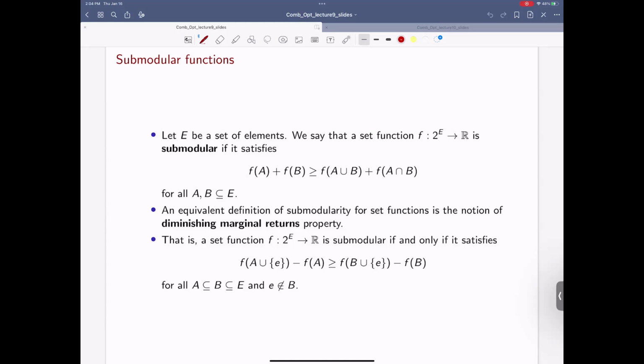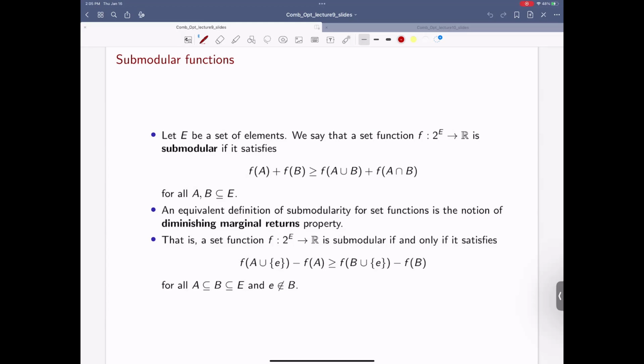Then we capture the marginal difference by adding this element to a set. The left-hand side is the marginal return when adding this element to a smaller set, and the right-hand side captures the value for the larger set. So we get a higher increase for the smaller set than the larger set, and this is the diminishing marginal returns property.